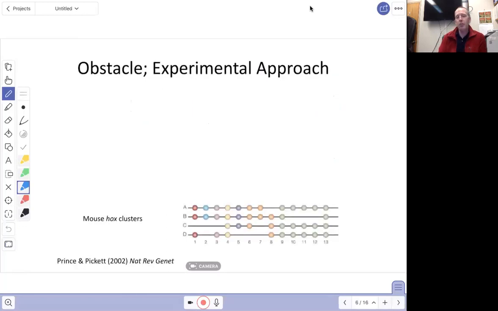An obstacle up until this point, which is why this paper made such a splash when it was published in the Evo-Devo world and the developmental biology world, is that to this point, no one had been able to get rid of multiple alleles all at once in a mouse. You might expect, and it's true, that these are essential genes.